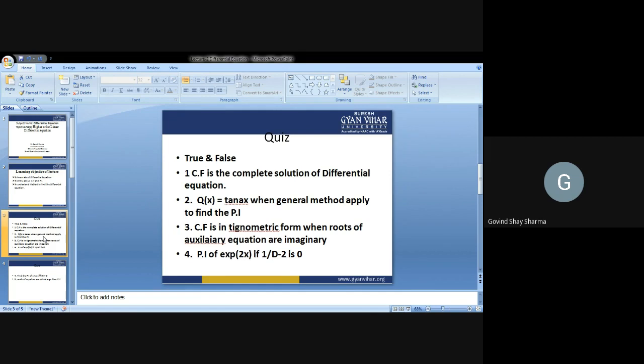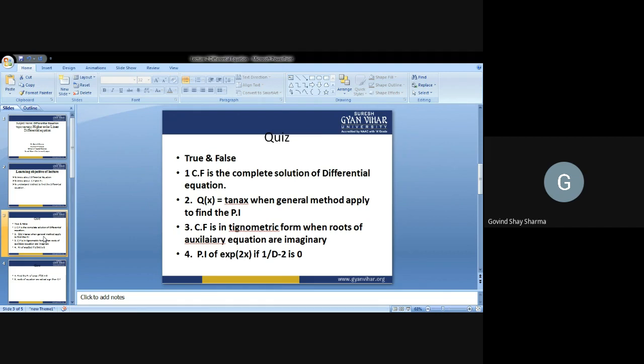CF is in trigonometric form when the roots of the auxiliary equation are imaginary. When m, the root of the auxiliary equation, is alpha plus i beta, then the CF becomes y is equal to e to the power alpha x, a cos beta x plus b sin beta x.